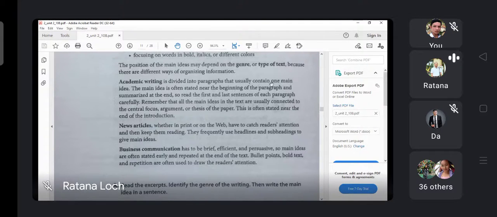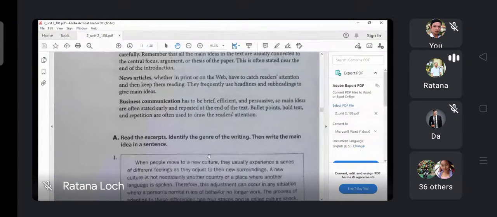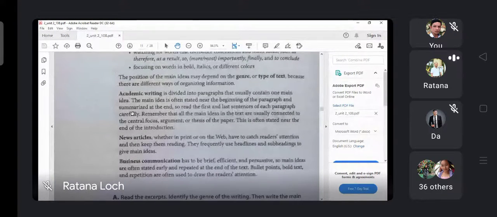We have one, two, three, four, five types of writing here, and you have to identify which one belongs to academic writing, which to news article, and which to business communication.